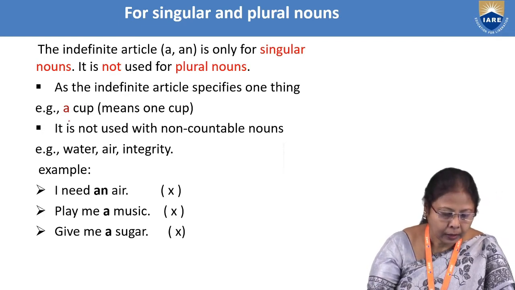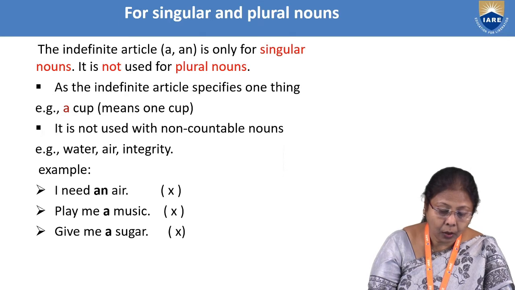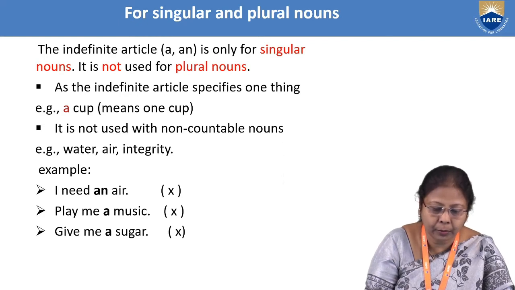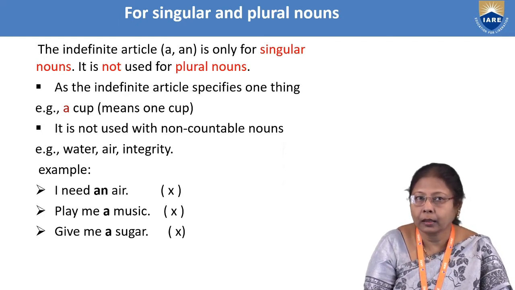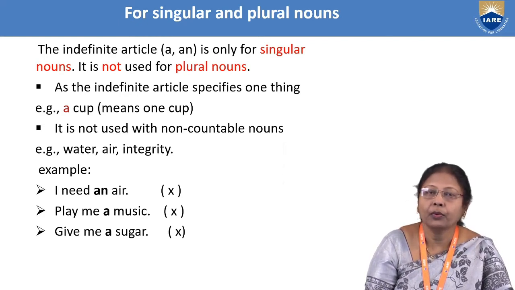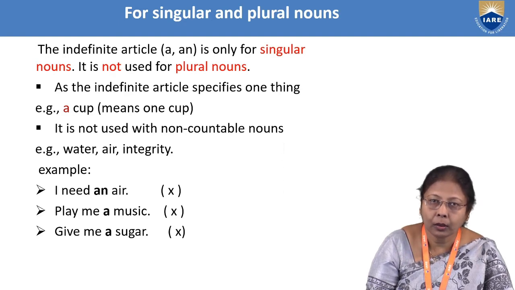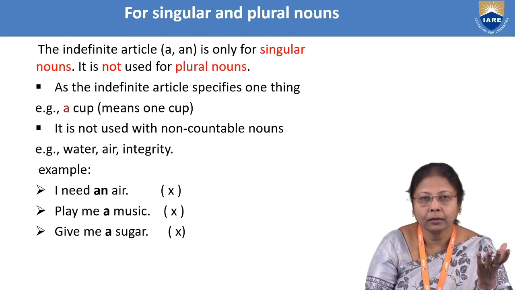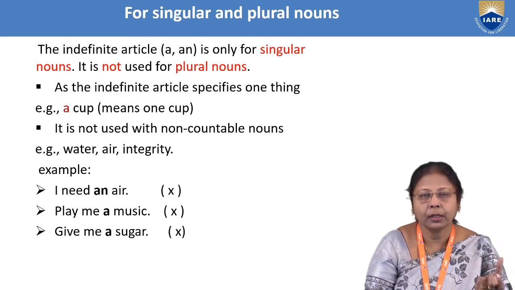Okay. Then it is also about non-countable nouns, uncountable or non-countable, whatever it is. A and an we shouldn't use before uncountable or non-countable nouns. Here see water, air, sand, stars, sugar.